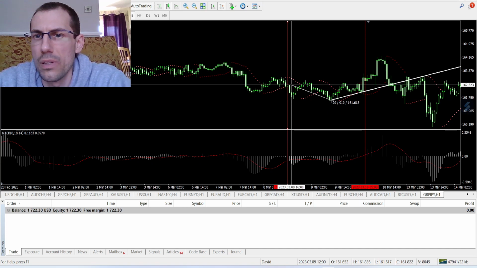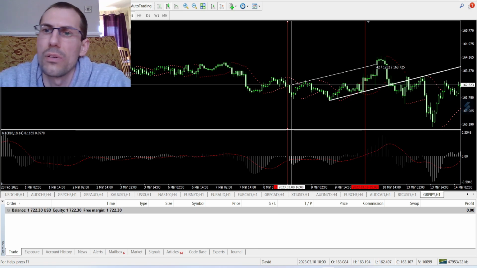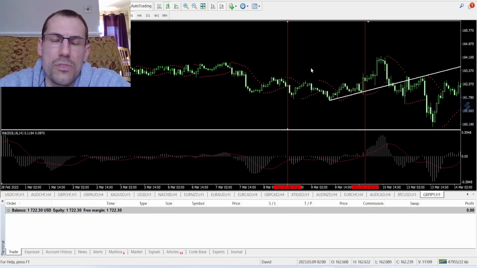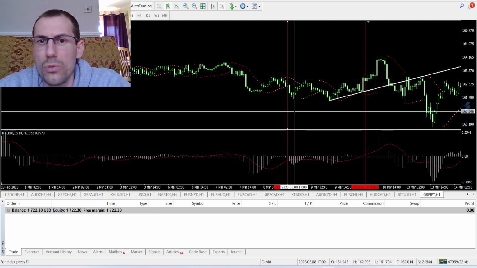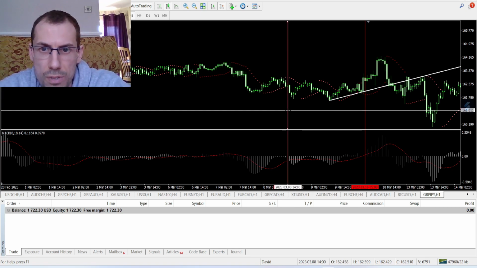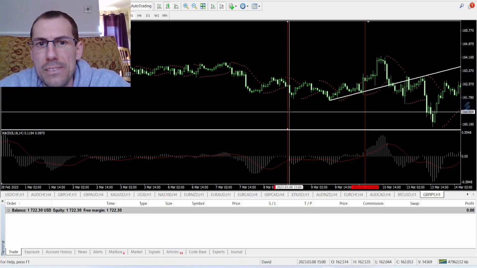So you have 91 pips in this case, and after that your stop loss was hit, which means in both cases you have to move your stop loss to break even.